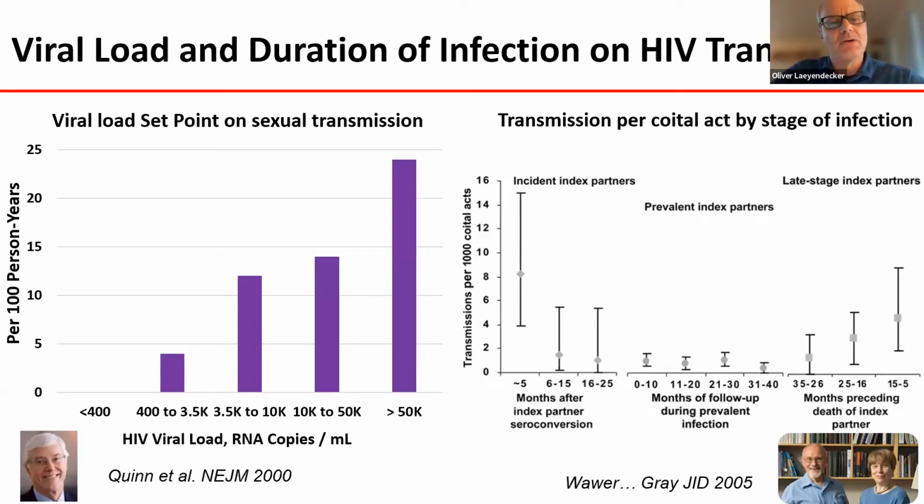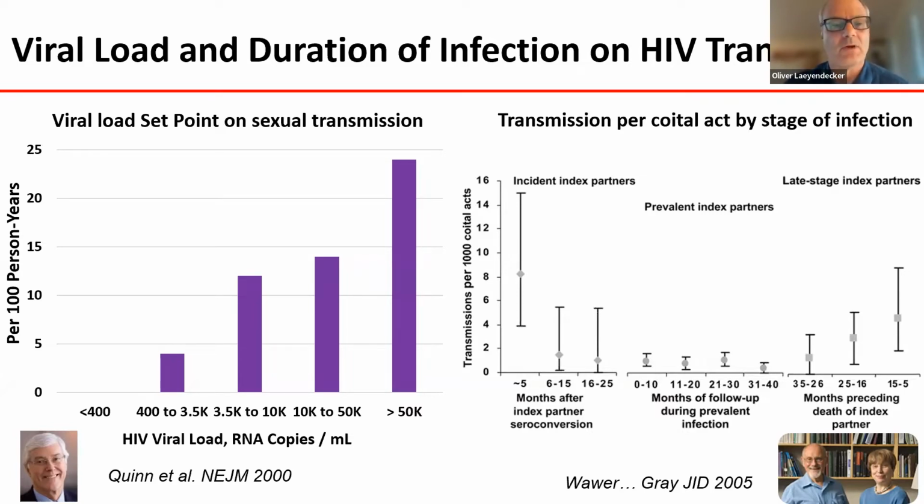But among partnerships in Rakai, Uganda, the first paper describing the impact of viral load on transmission was headed by my boss, Tom Quinn. This was published in 2000. And one of the key features here is demonstrating that if your partner did not have a set point viral load above 400 copies per mil, no transmission was seen.